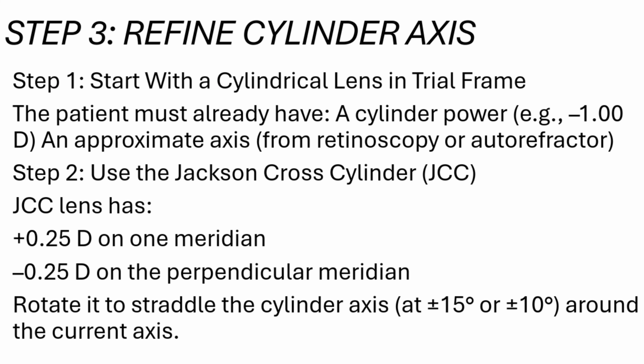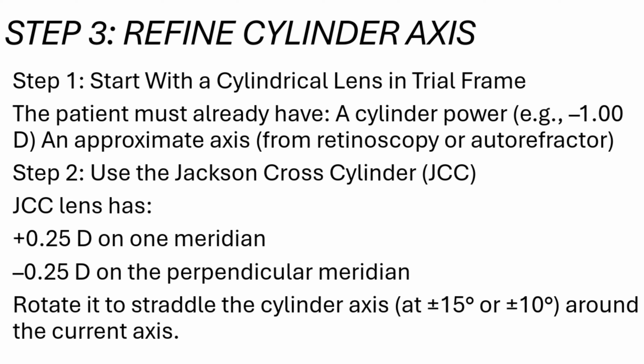And the third step is to refine the cylinder axis in subjective refraction. Refinement of the cylinder axis is crucial when correcting astigmatism. This is done using the JCC test, and I will upload a JCC video later. We have to see the steps in refinement of the cylinder axis. First step, the patient must already have a cylinder power and appropriate axis from retinoscopy or AR.